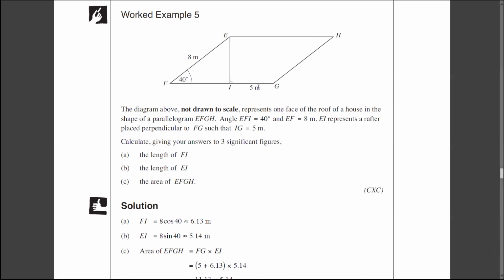The 5 that is here, and then 6.13 for the other part. That gives you this length here, FG. And then EI would be here. That's where you find the area of a parallelogram: the length of one side times the height.